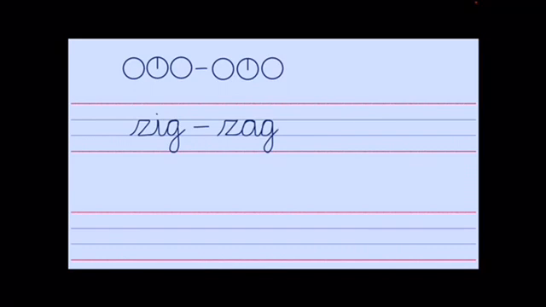Now at this point I do have to point out that zigzag can be written like this, but sometimes it is written as one word without the hyphen. And we'll try that a bit later on in the lesson.